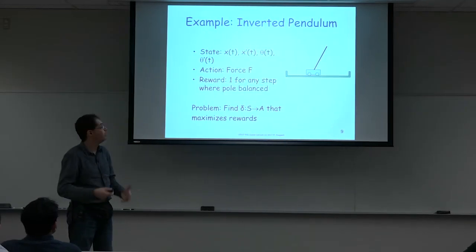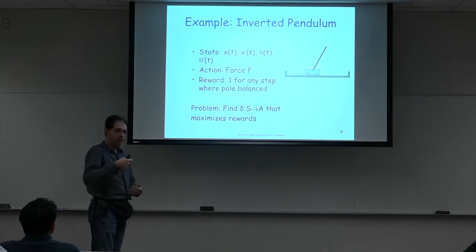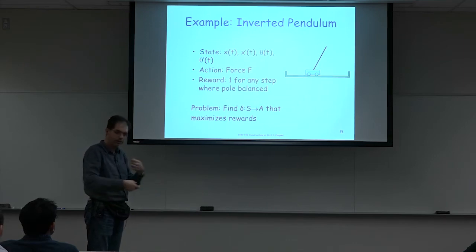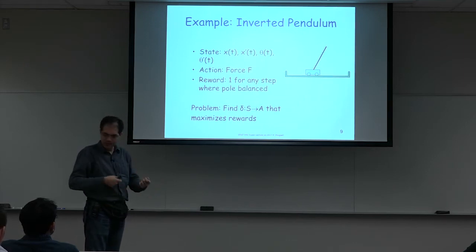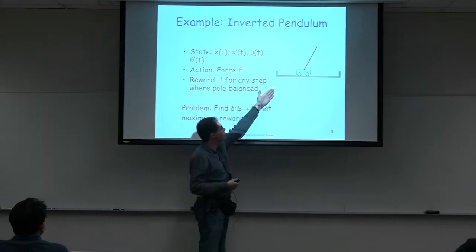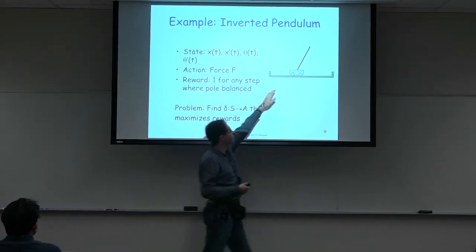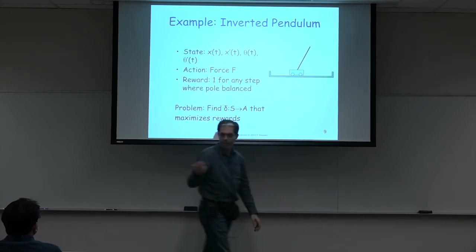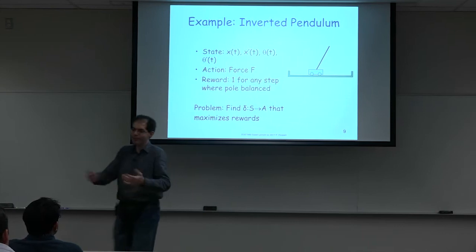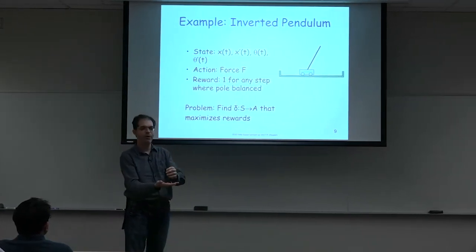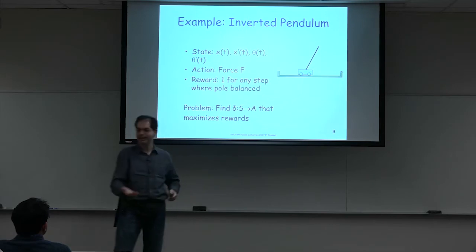And then historically, the way it was solved is that you'd work out all the physics behind this problem and come up with all kinds of equations and then derive some controls for this and eventually arrive at a policy that would determine when you would move right or left. But as humans, you might have at some point played where you have a stick, you put it in your palm, and then you simply try to balance, right?